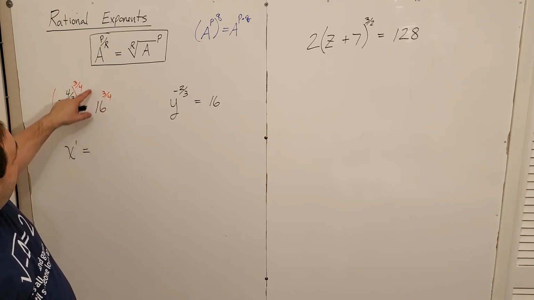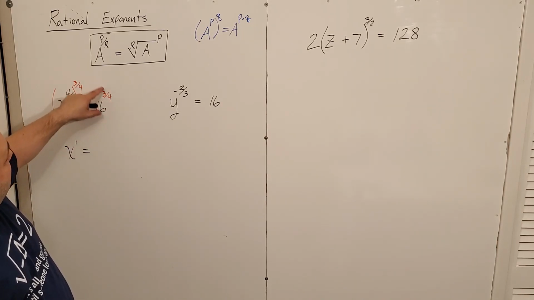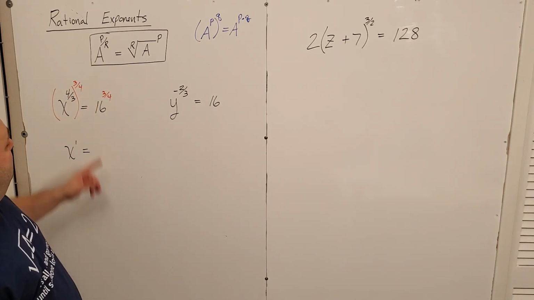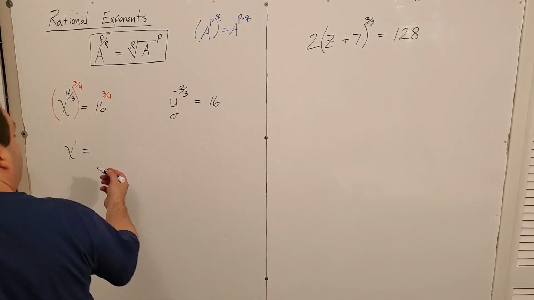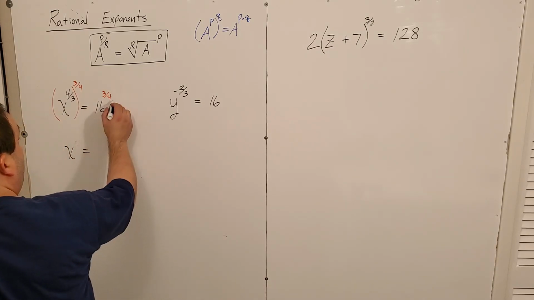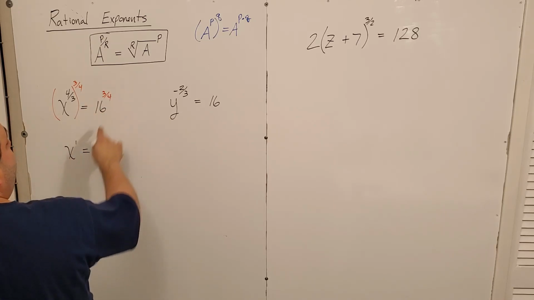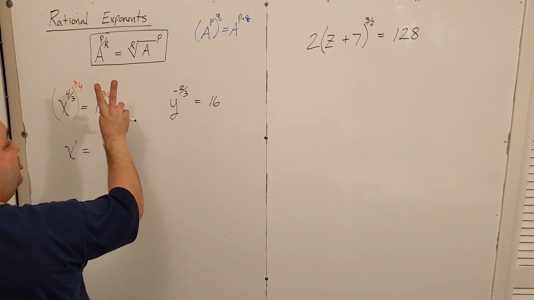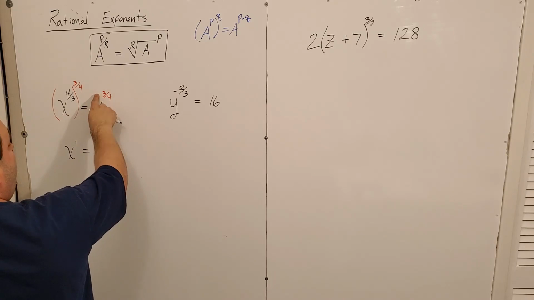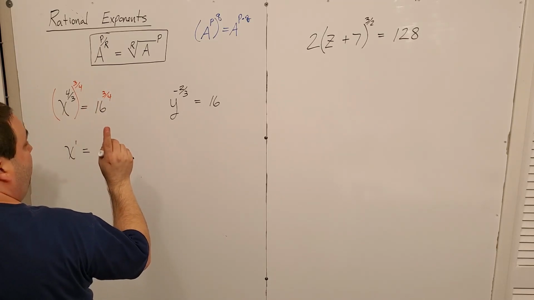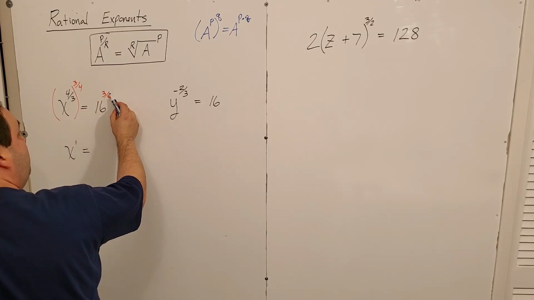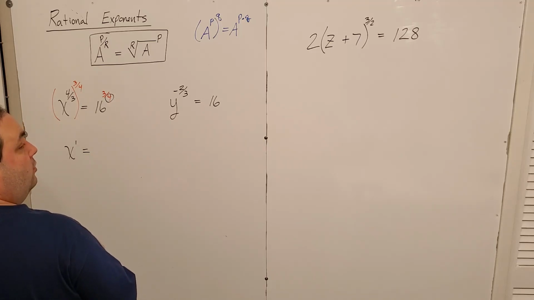So now I just need to be able to perform 16 to the 3/4 power, right? Well, don't forget, that's just the fourth root of 16 to the third. The fourth root of 16 is 2, to the third power is 8. Be extra careful though. This is an even powered root. And those are the ones that bring the plus and minus with them.